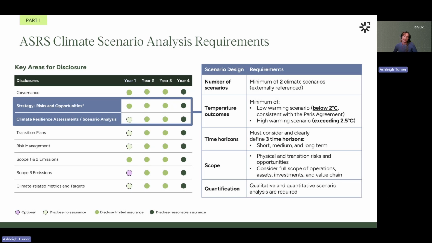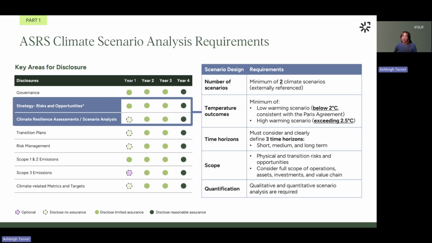So is this likely to have a significant positive or negative effect on your business? Whereas the quantitative analysis goes further and puts an actual financial figure or range on those impacts, so the amount of revenue that's at risk, or the capex exposure, or insurance cost increases, for example.